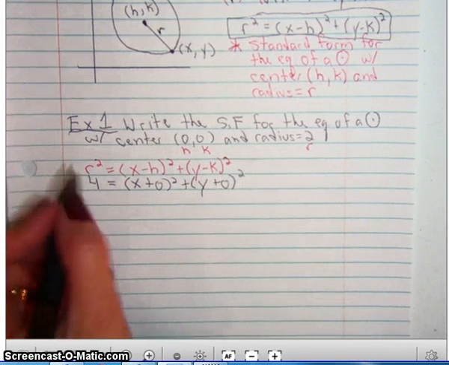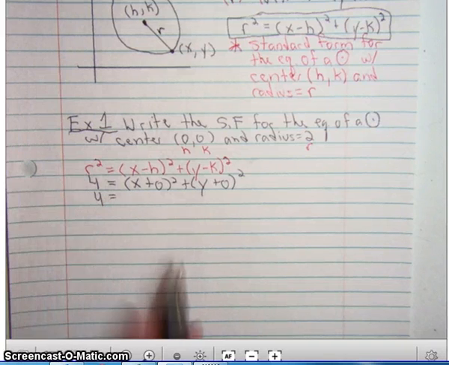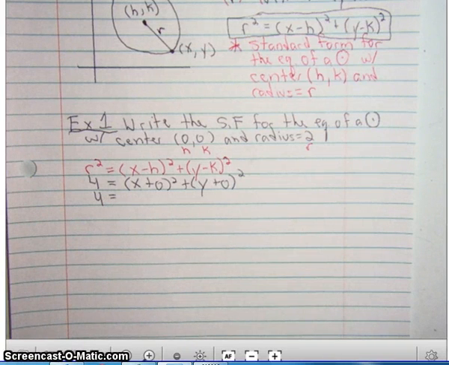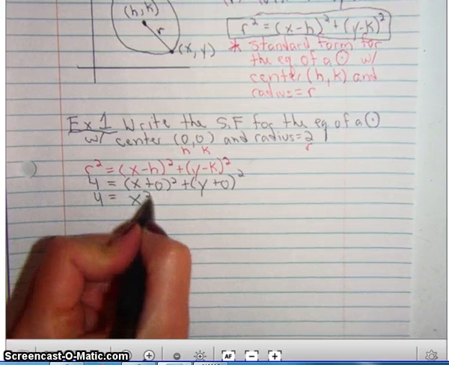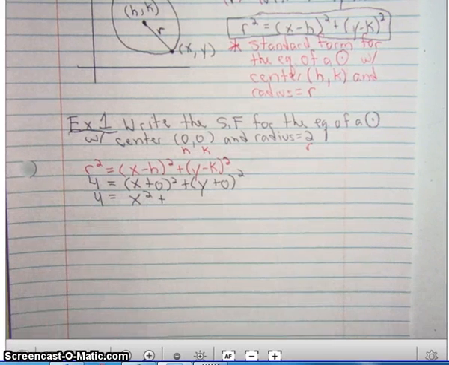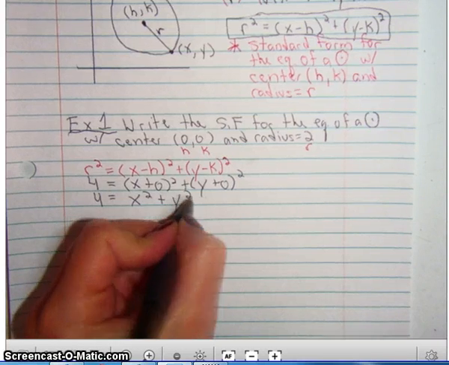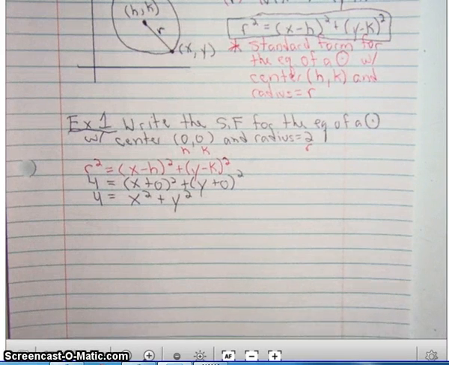Now, guys, don't ever, ever, ever leave x plus 0. Because we're smart, we know x plus 0 is just x, and we know y plus 0 is just y. All right, we're going to take a second.